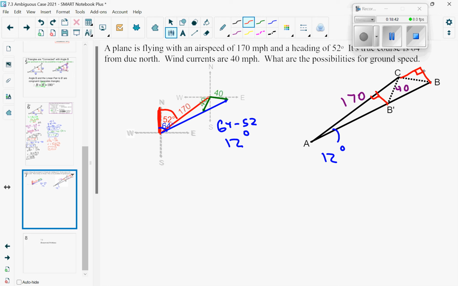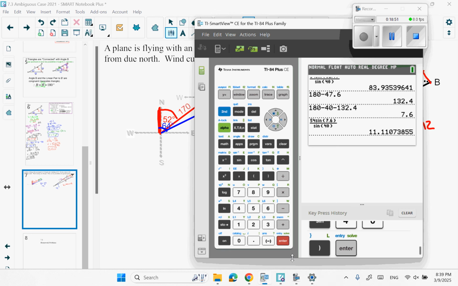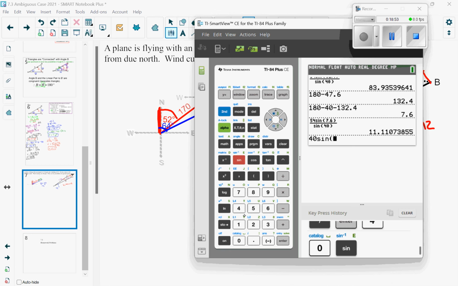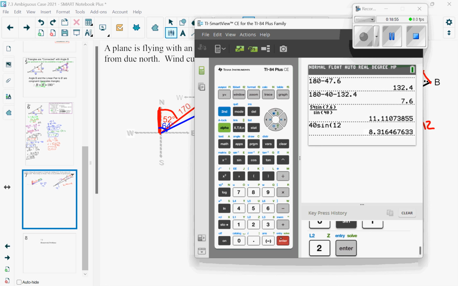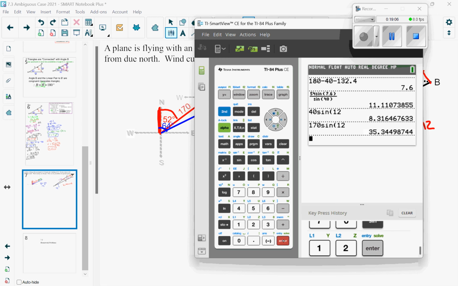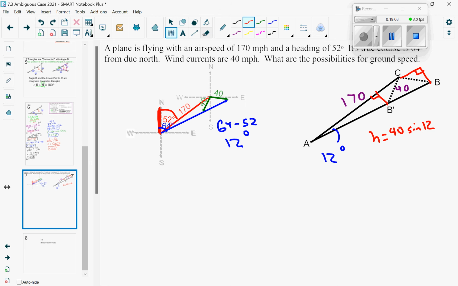So I would need to do H equals 170 sine of 12. I'm sorry, I first said 40, but it's 170 sine 12.